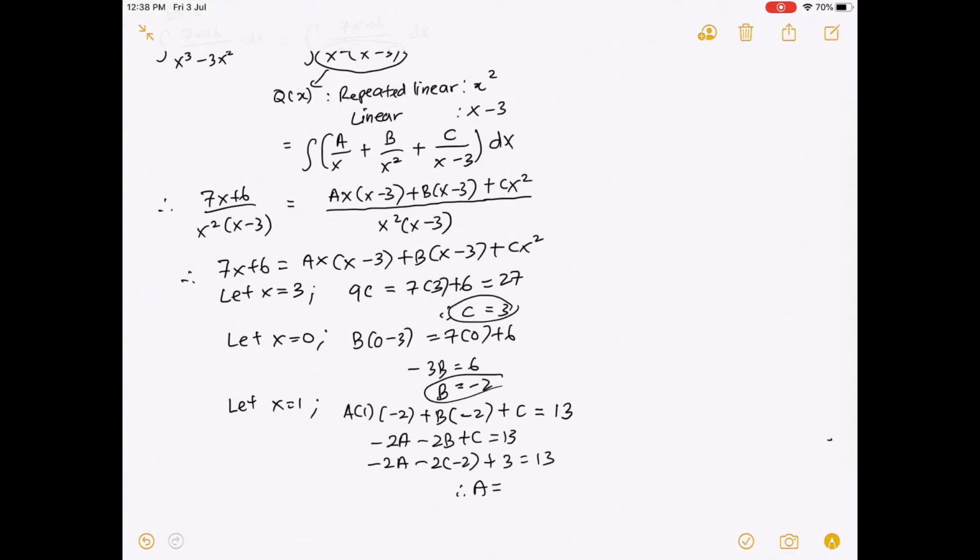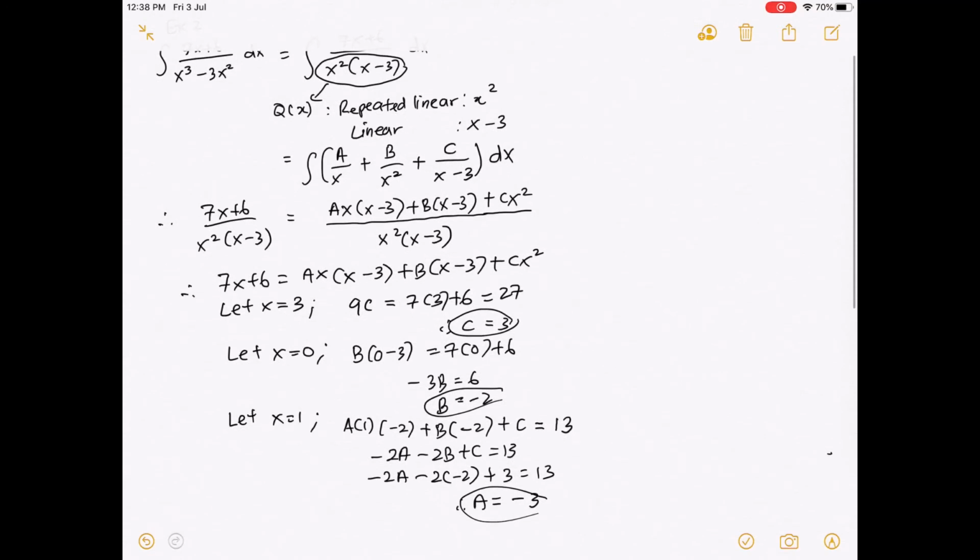So I can have my a equals negative 3. So the partial fraction will become negative 3 over x plus b, negative 2, over x squared, plus c, 3, over x minus 3.